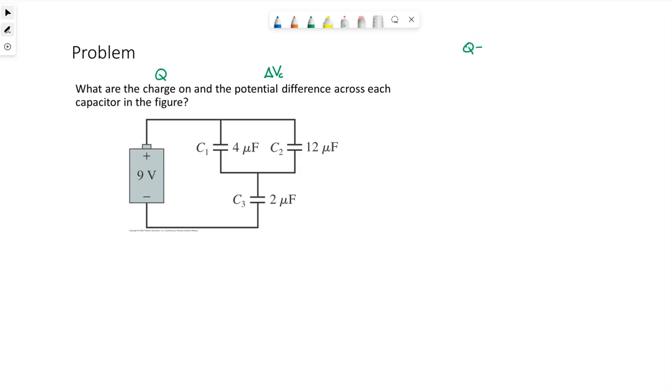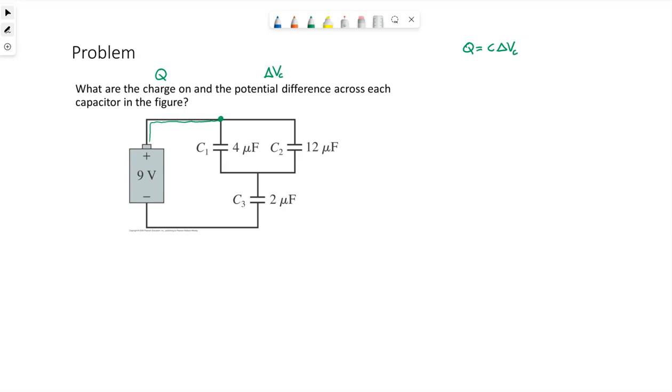We know Q, C, and delta V are all related. Q is equal to C delta V for a capacitor. So going back to this process of following a path, if I start at the positive end of the battery and start just following the wires, I get to a junction, so I have a choice.